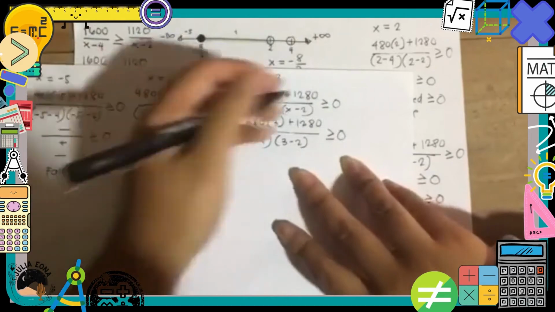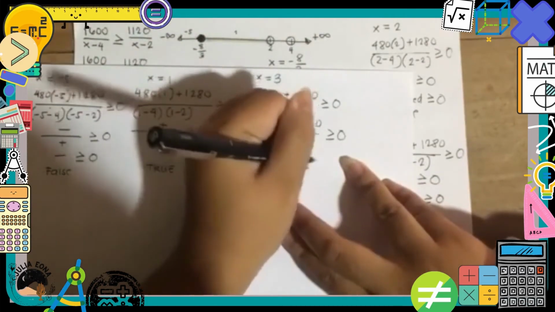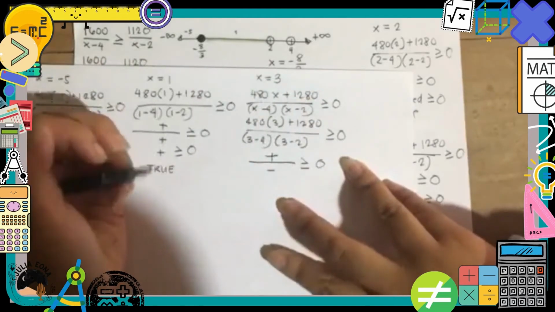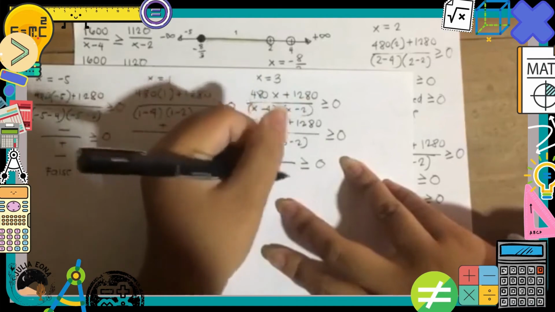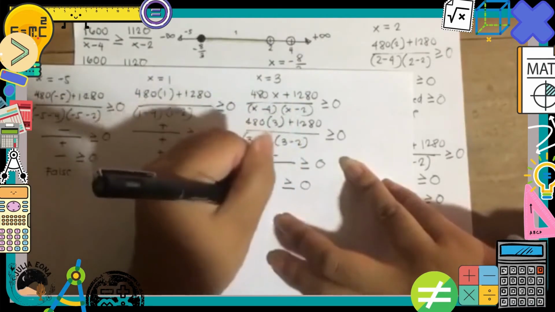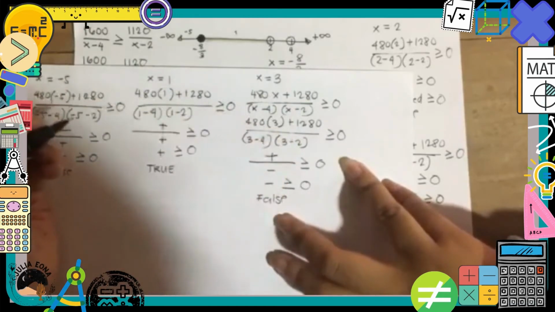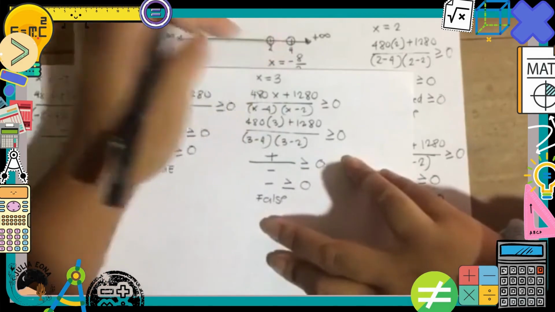So we are going to have positive over negative greater than or equal to 0. Positive divided by negative is negative, greater than or equal to 0. So that is false. So we are not going to shade this part.